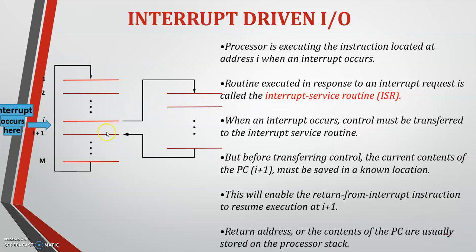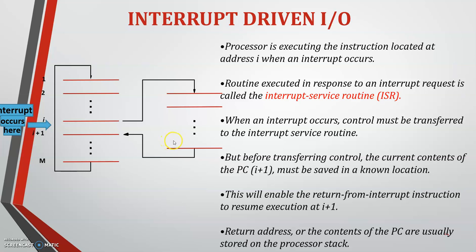When an interrupt occurs, the control must be transferred to the interrupt service routine. When the processor is executing this program, at the ith instruction an interrupt occurs and the control will be transferred to the ISR. The ISR will be placed in a different location, and the processor goes to that location and executes the instructions specified there. So that is the interrupt service routine.